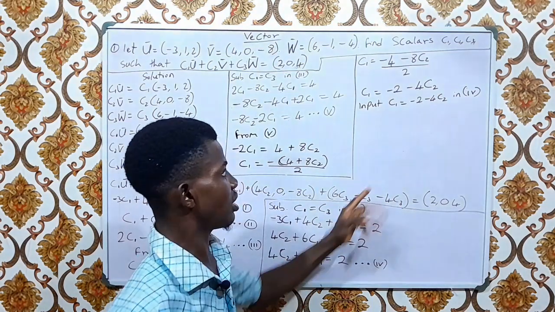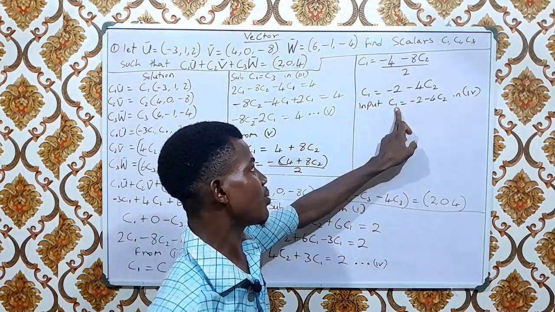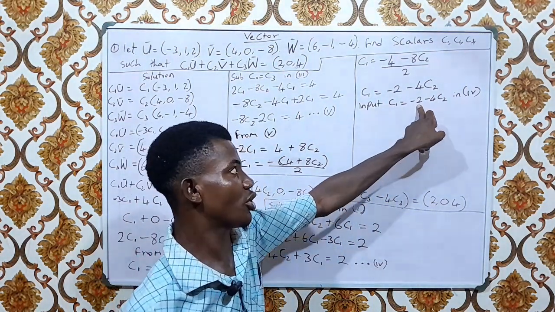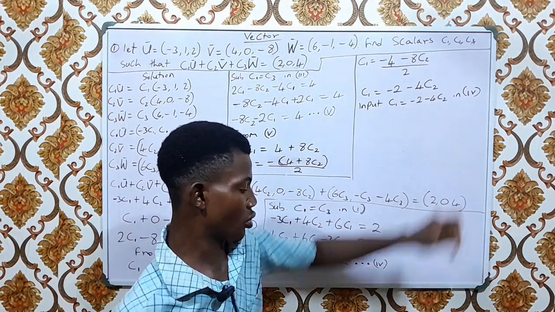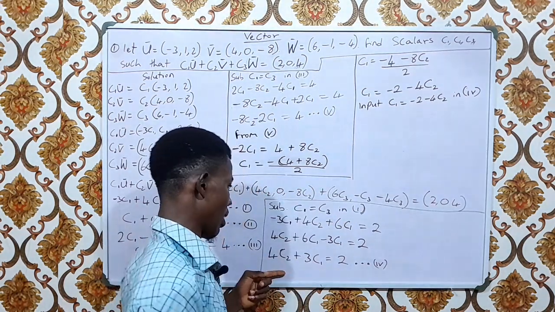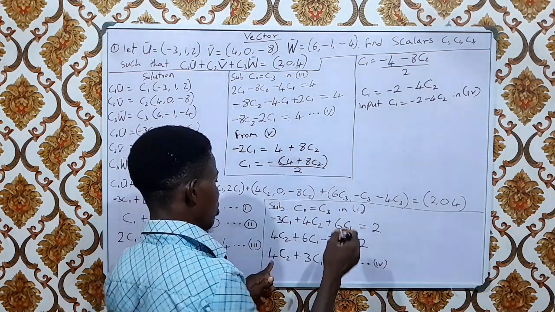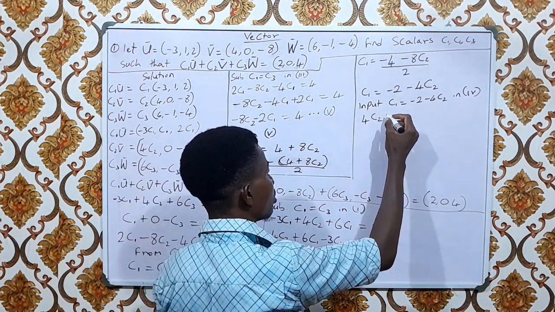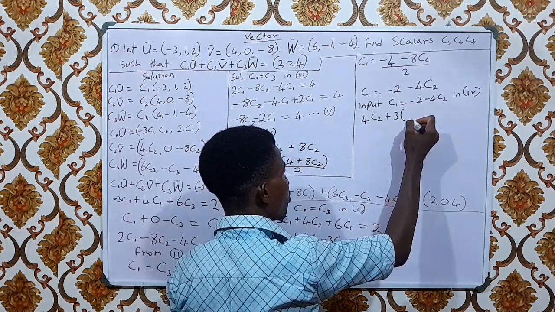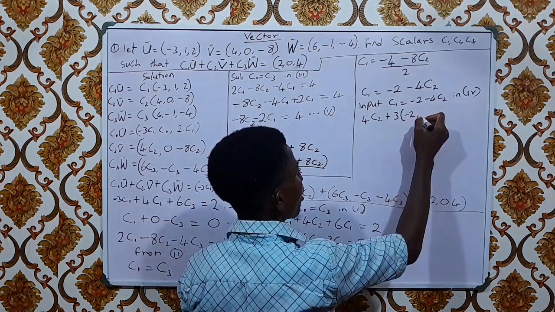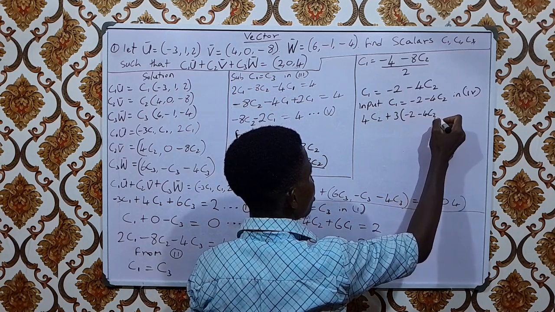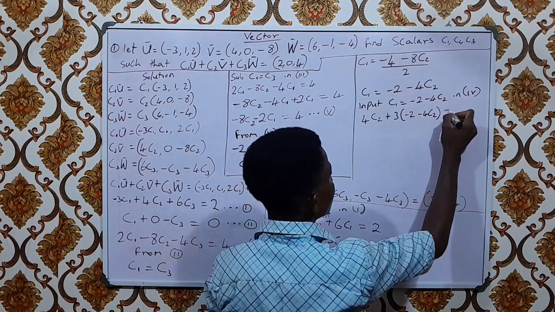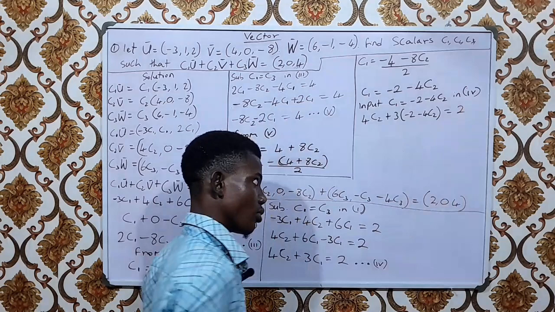This means that anywhere we see C1, we should put -2 -4C2. So any place we see C1 here, we put that. So we move 4C2 plus 3 open bracket -2 -4C2, which will now give us 2.